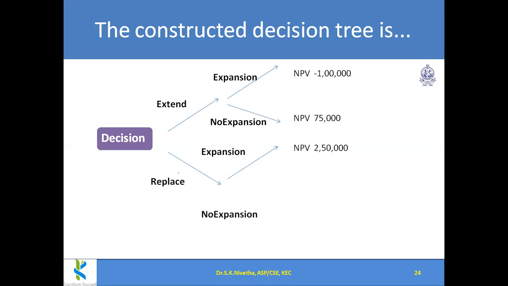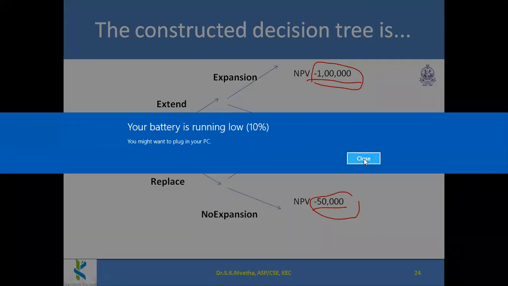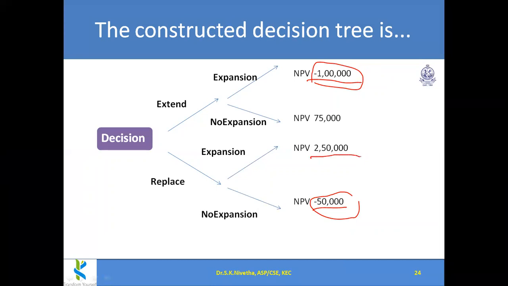Now, suppose they replaced it, but business is dull. Nobody is opting for it, no expansion in the market. In that case, NPV would be minus 50,000. So it depends upon the value. Negative here, but how much? Here negative 1 lakh, here negative 50,000, here positive 2,50,000, but here 75,000.